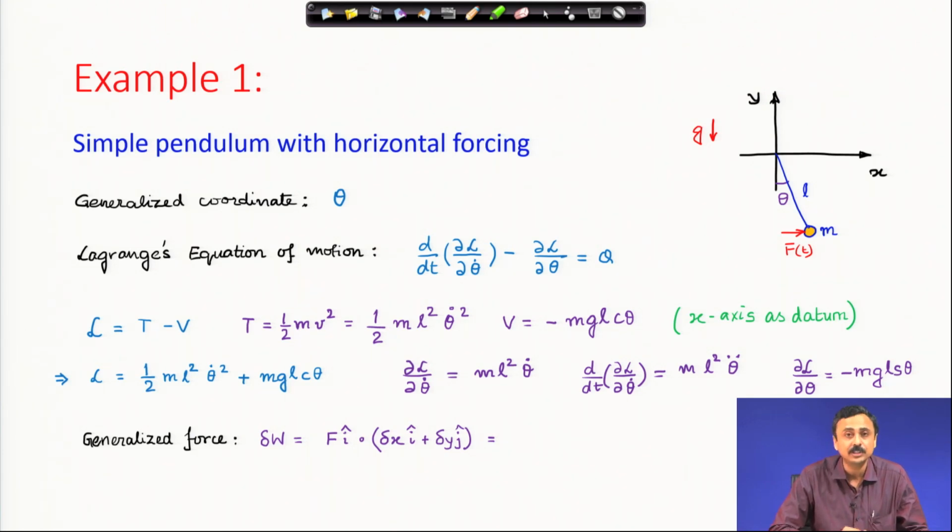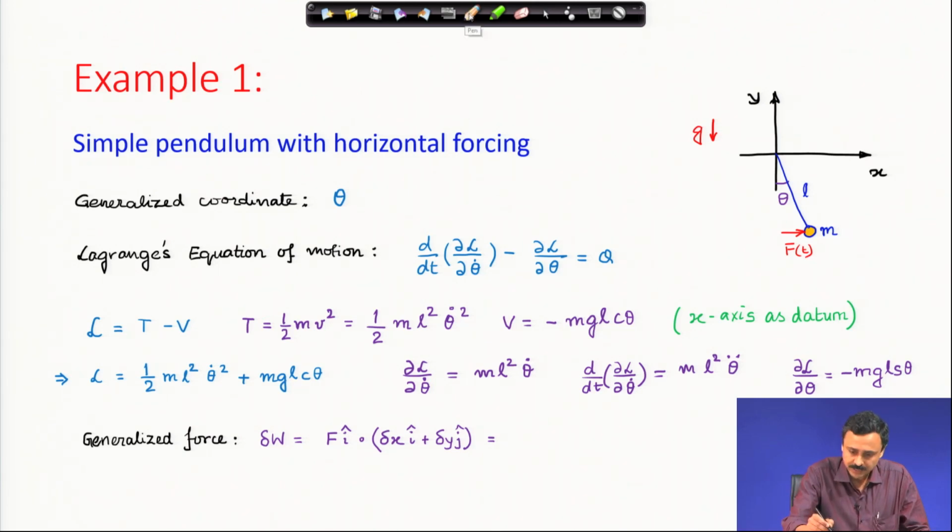Now, how do we calculate the generalized force? For this, we are going to follow the steps that we took in expressing the virtual work in terms of first the physical coordinates and then going over to the generalized coordinates. How do you express work? What is the work done by this force? The bob of the pendulum is moving in the xy plane.